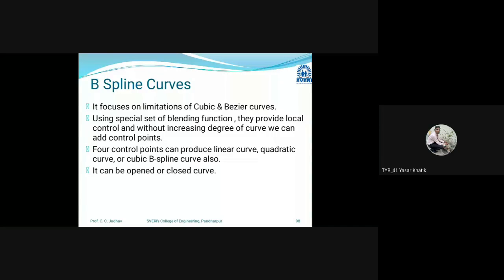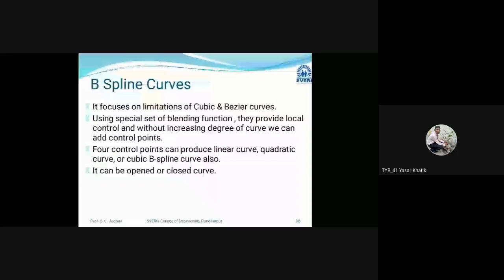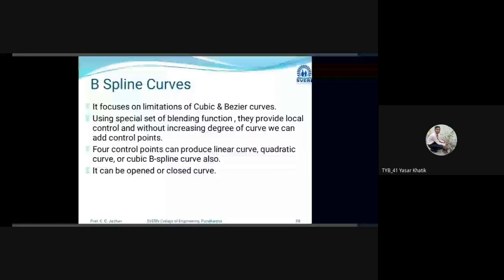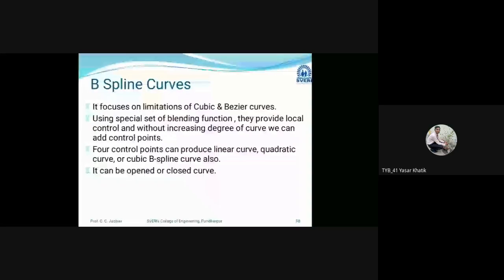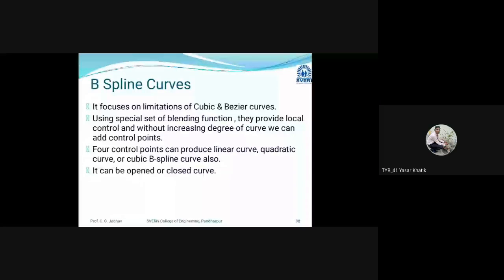So in B-spline, there are some properties like this. Local control of the curve can be achieved by changing the position of the control point. In the previous Bezier curve, there is a lack of control. So in this B-spline curve, we will get better local control over the curve as compared to the previous curve. Multiple control points produce a high curvature.